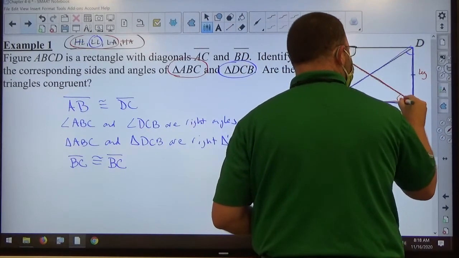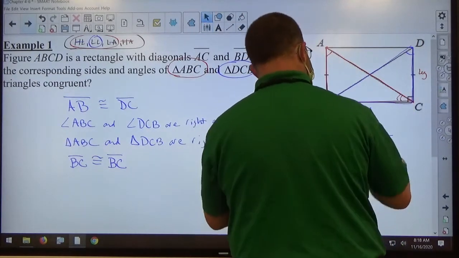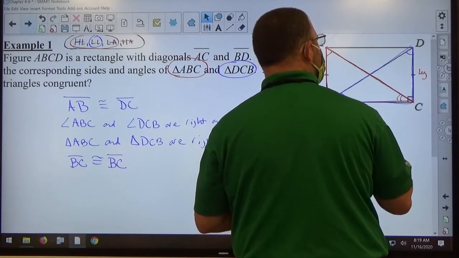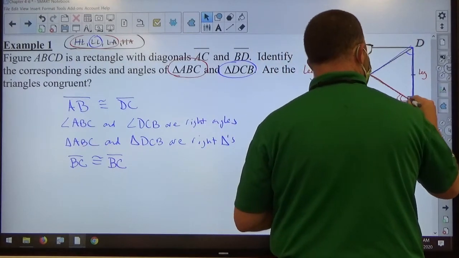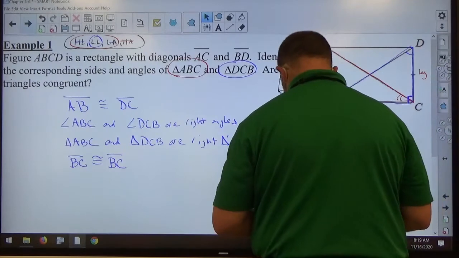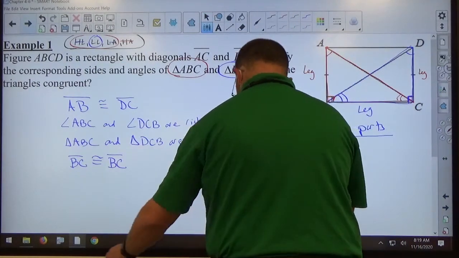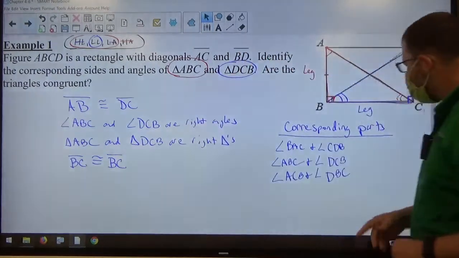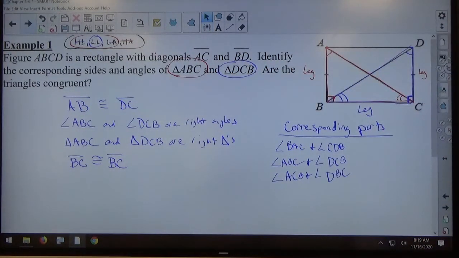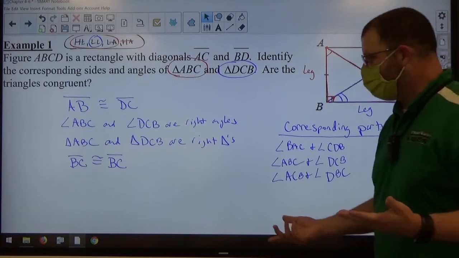This angle down here in red matches this angle down here in blue, and this right angle in blue matches this right angle in red.